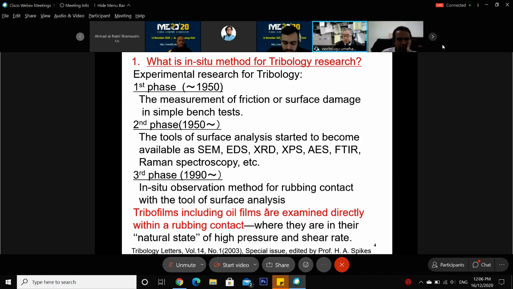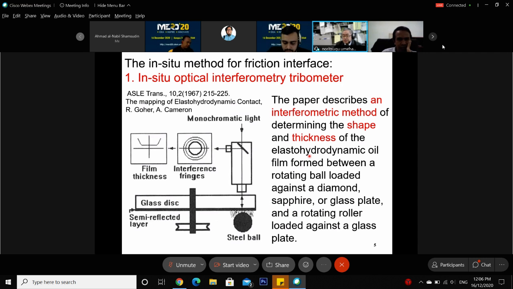The in situ method for friction interfaces started at Imperial College London in 1967. They used interference fringes, passing light through a glass disc. There is a steel ball and a contact surface.